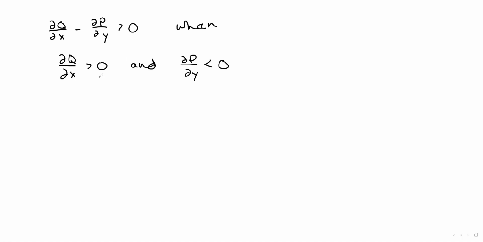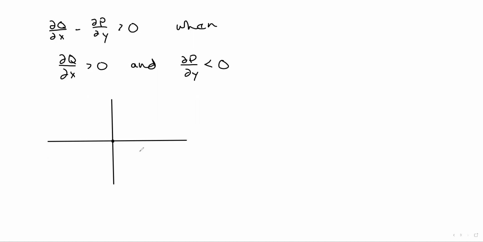Okay, let's draw ourselves a coordinate axis and think about what type of behavior we'd get in this case. Let's suppose we have a point, the point where we're calculating the curl.